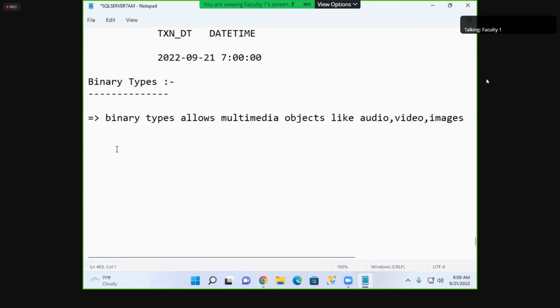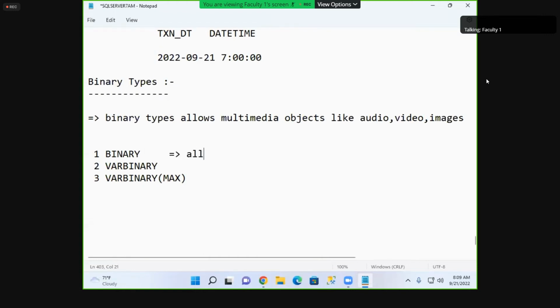SQL Server supports three binary types: binary, varbinary, and varbinary max.